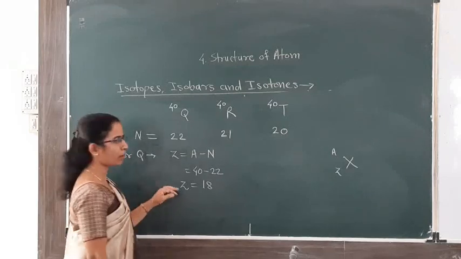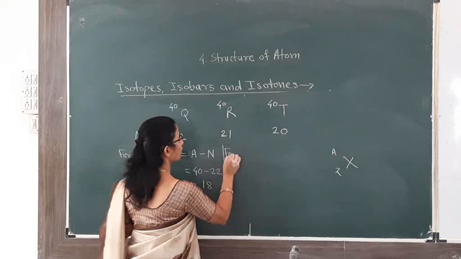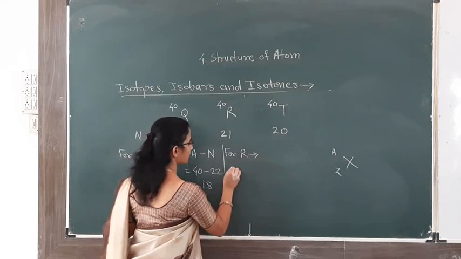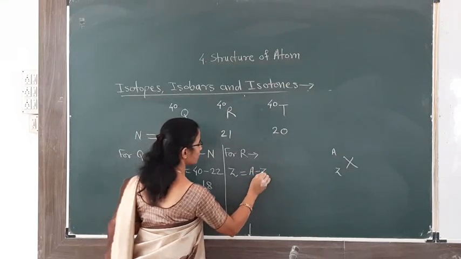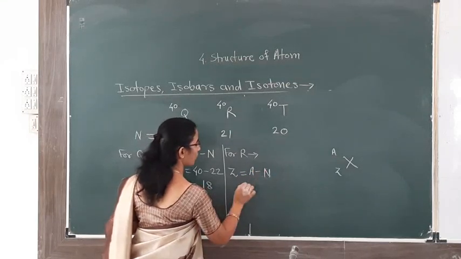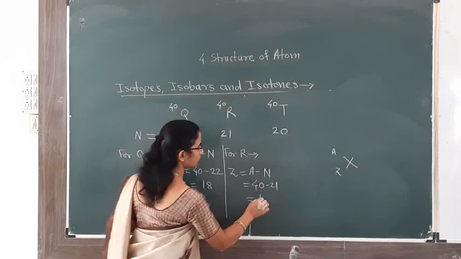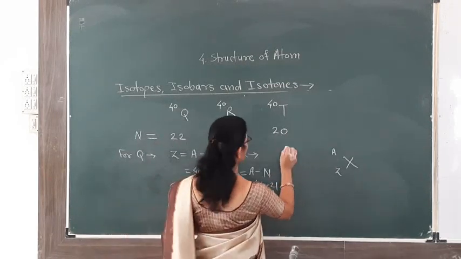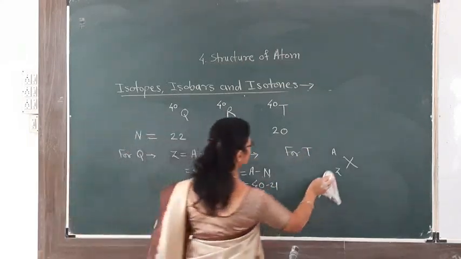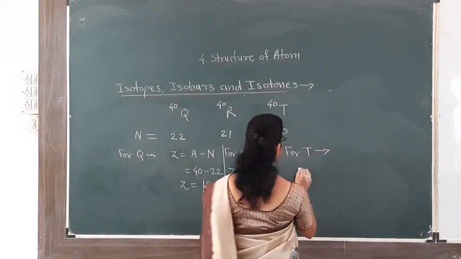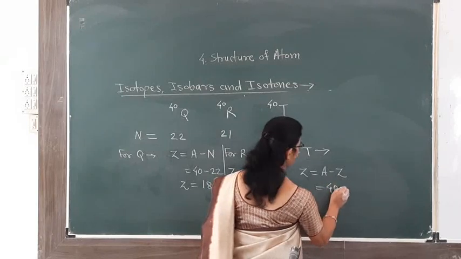So Q will have the atomic number 18. Similarly, the element R will possess atomic number A minus N, that is 40 minus 21, that is equal to 19. And for the element T, you can count the number of protons as 40 minus 20.